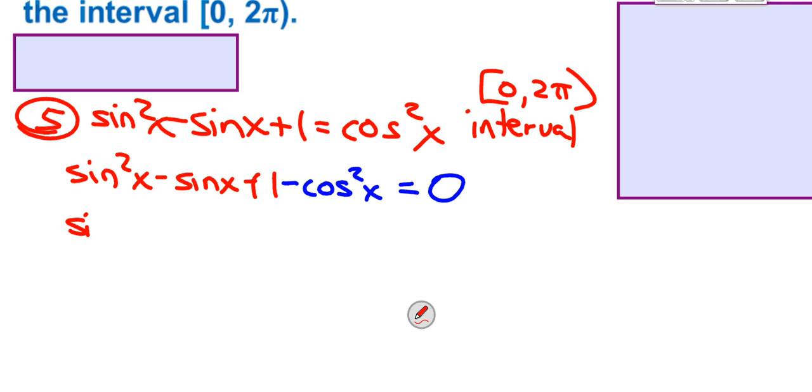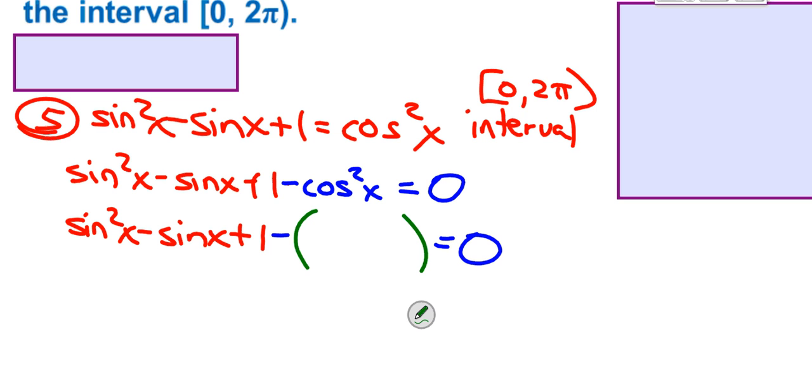So I'm going to say it's sine squared x minus sine x plus 1 minus, and since I'm going to write that as an expression, I'm going to write it in parentheses, and I'm color coding just to give us the idea. So cosine squared is 1 minus sine squared x. And so I do have to distribute that as I go.